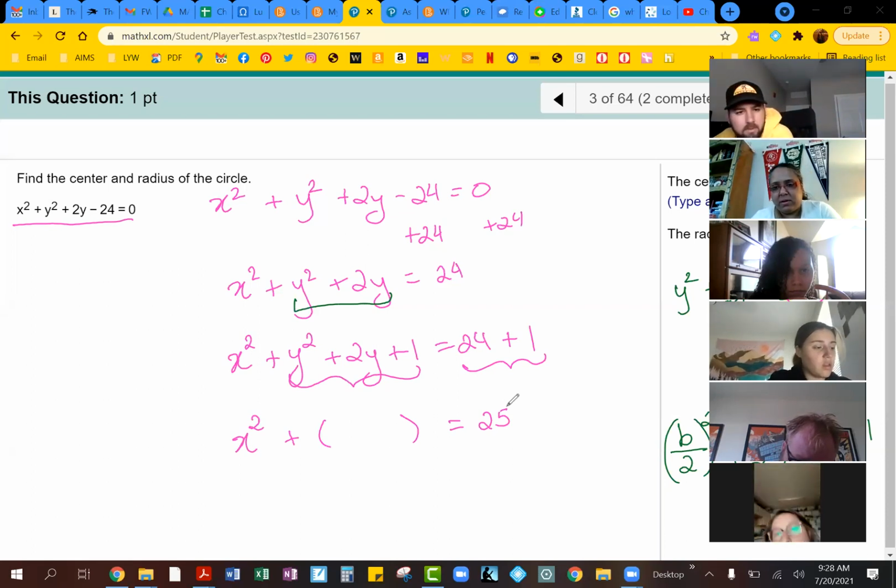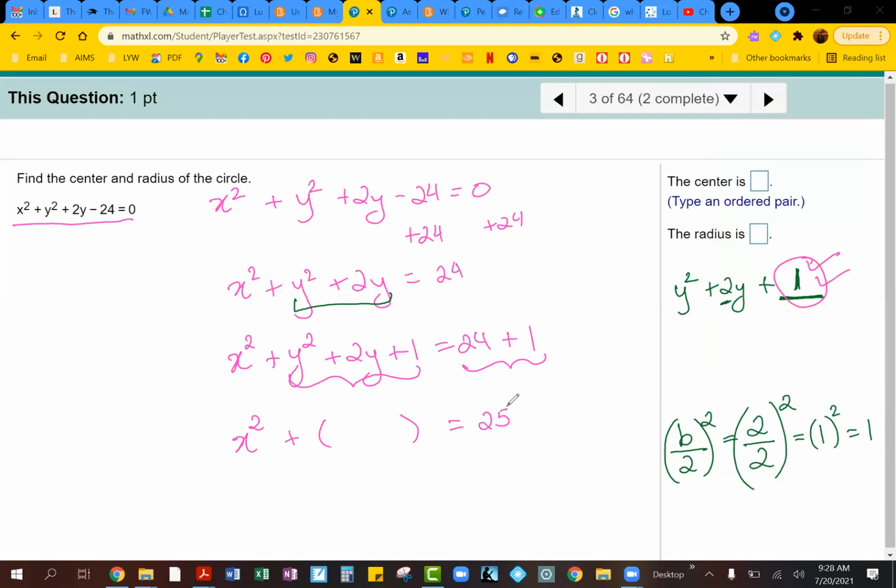It's going to be y plus 1 squared. Very nice. Yeah. So with factoring, basically, you are looking for two numbers that will multiply to give you 1, but add up to give you 2. And that's how you factor this. So multiply to give you 1, but add up to 2, which of course is going to be 1 times 1.